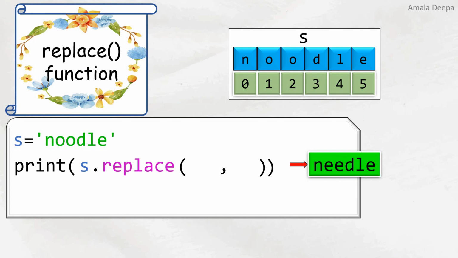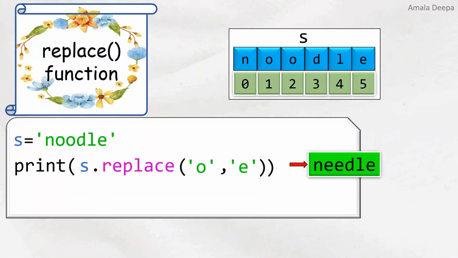The first parameter is going to be the letter O, and I want O to be replaced with E. So the second parameter is going to be E, so that each and every O in the string object S will be replaced with the letter E.